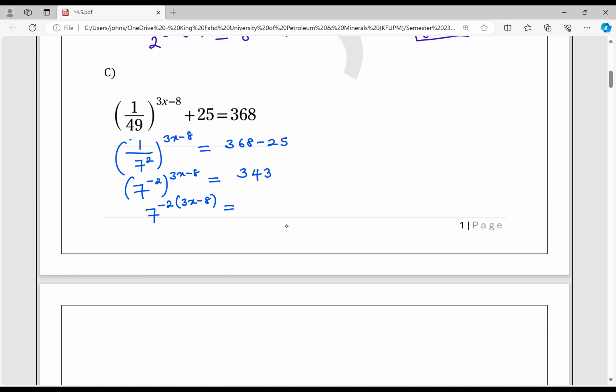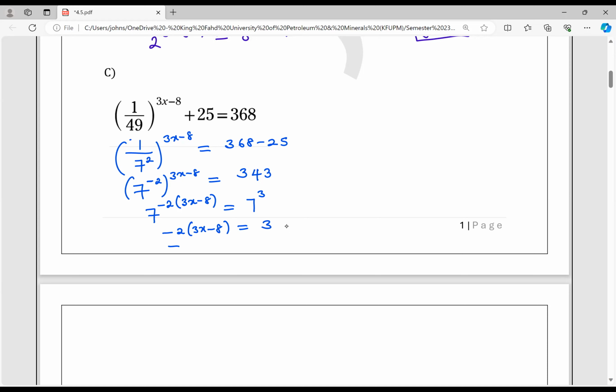But 343 is 7 to the power 3, right? So what can we do? Now we can equate the powers, and we'll be fine. So this is minus 2 times 3x minus 8 equals 3.